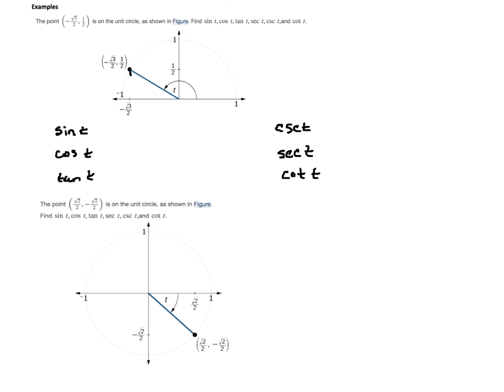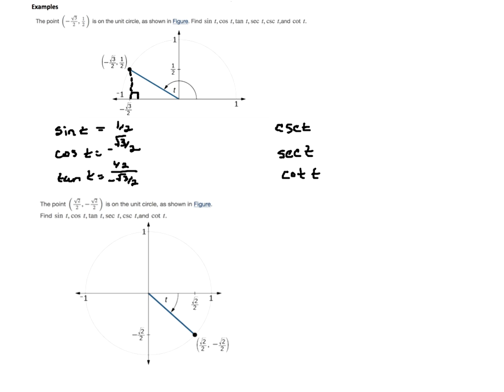Okay, so the sine of t, and this is the right triangle that we're dealing with here. The sine of t is the y value, so that is just 1/2. Cosine t is the x value, so that's negative square root 3 over 2. The tangent of t is the y value, 1/2, divided by the x value, negative square root 3 over 2.